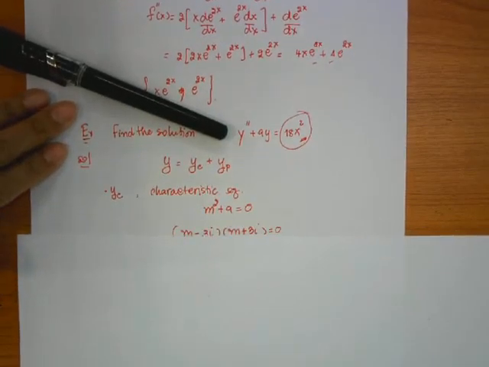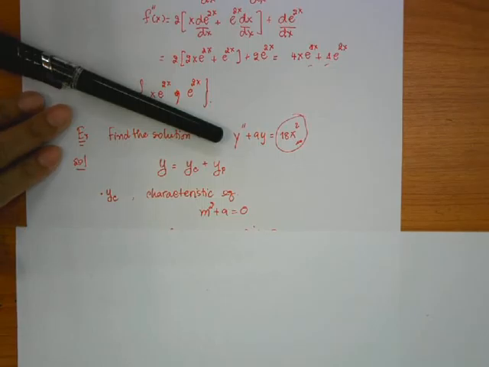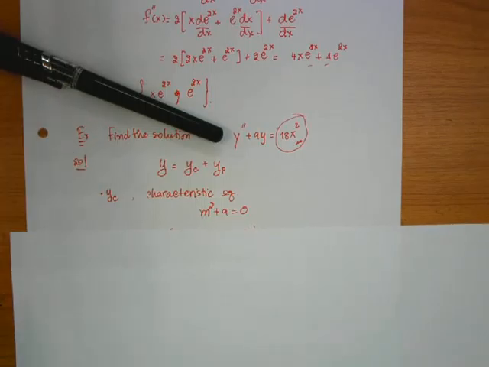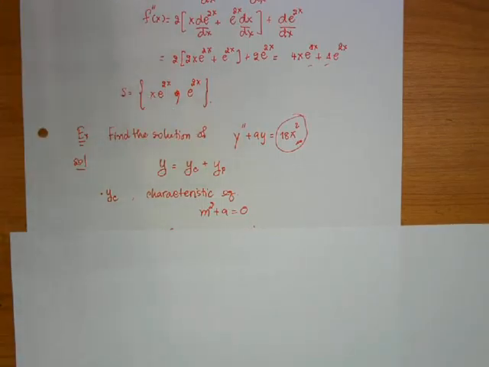So you can find two values of m. What are the two roots of m? Plus minus 3i. It is the complex root with its conjugate, right?